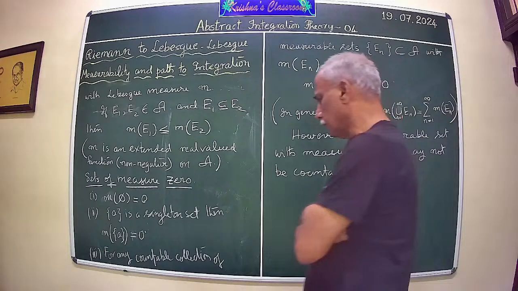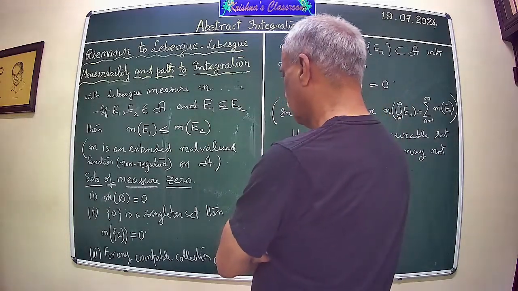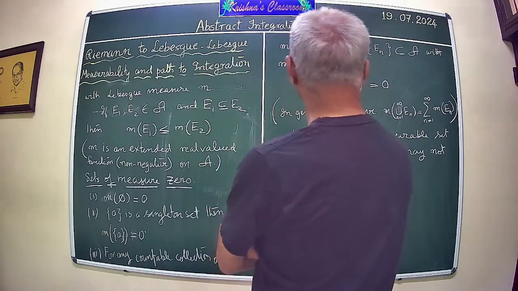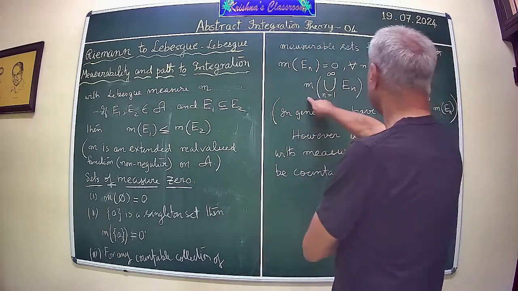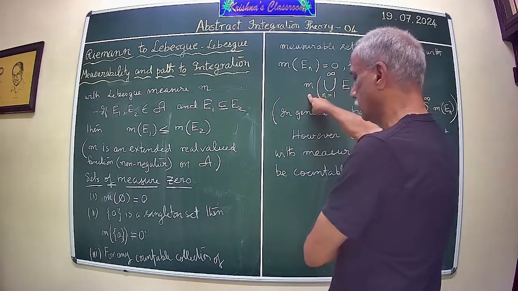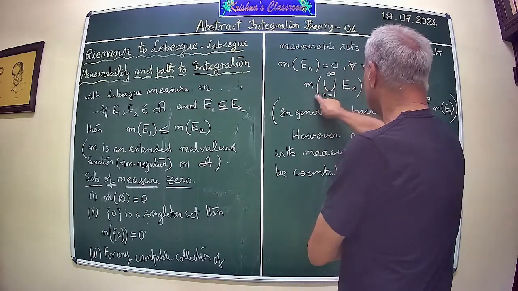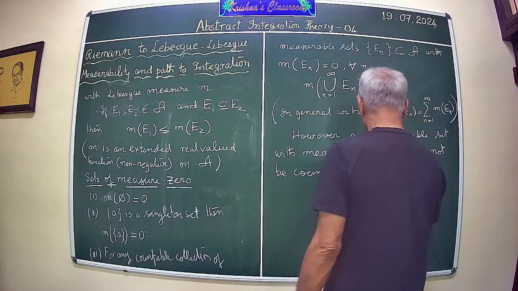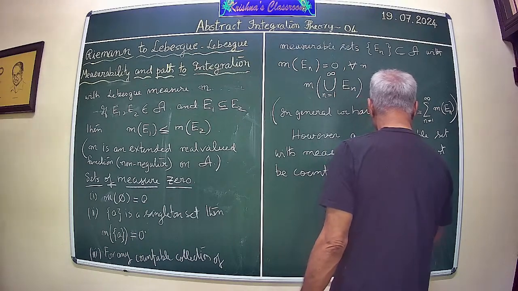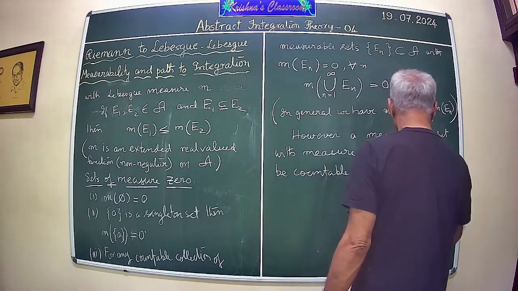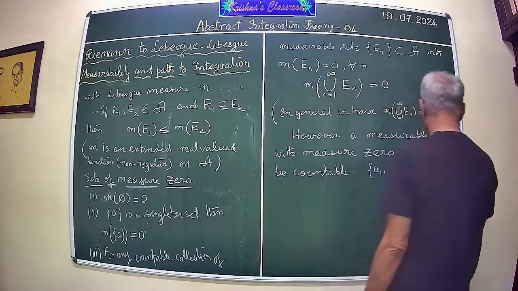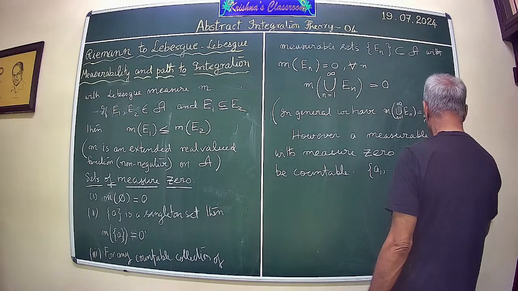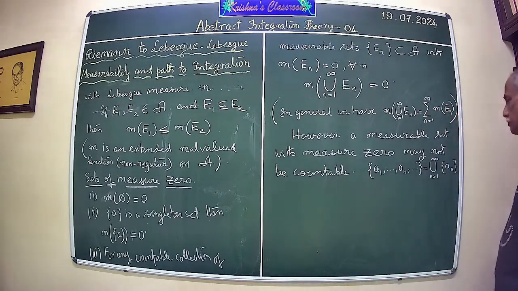So we said that. That follows from here, because you see, all singletons are countable. Therefore, any countable collection is a union of that.